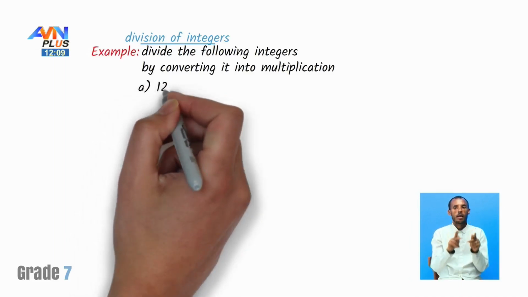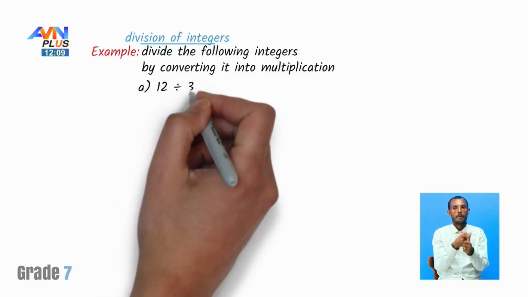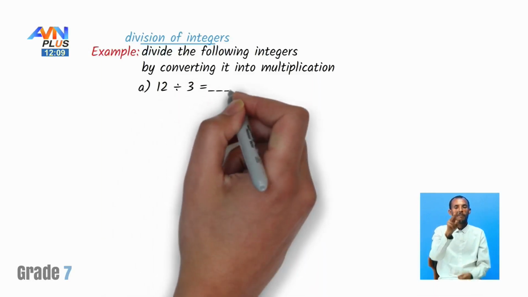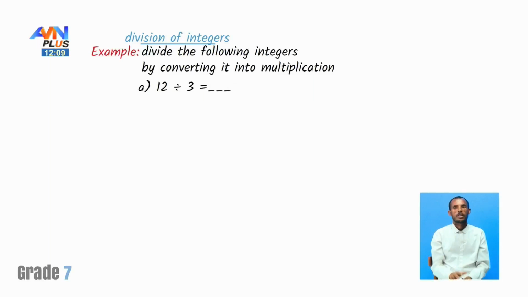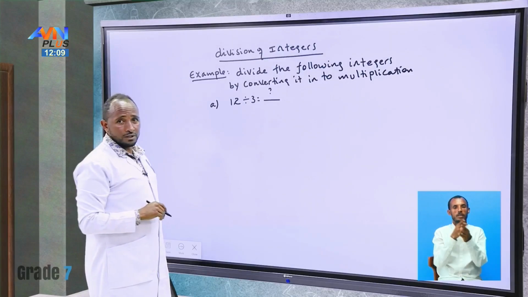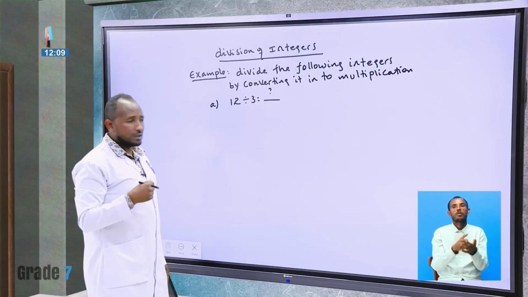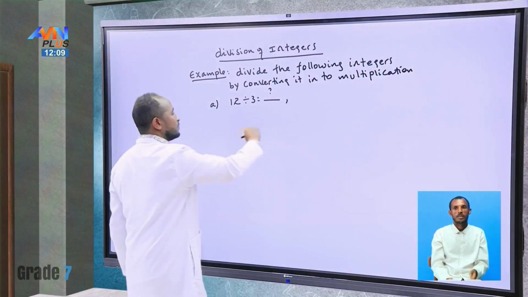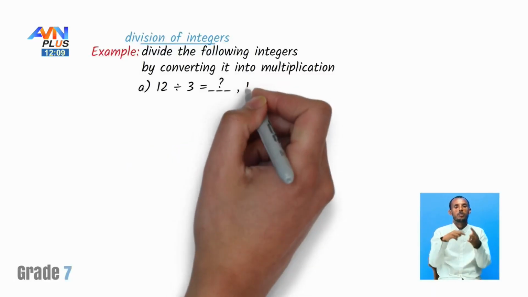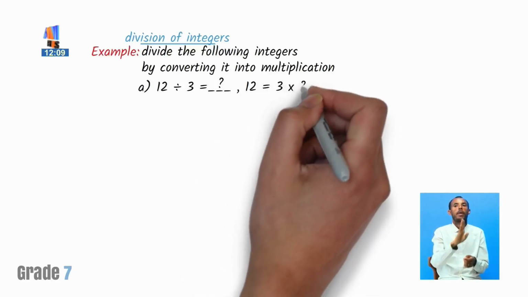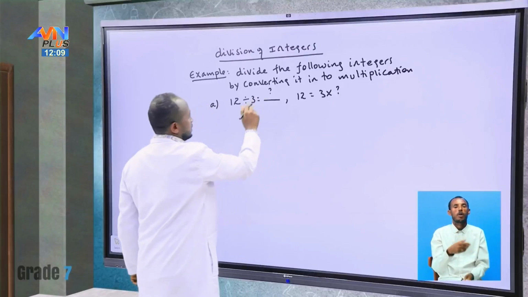Okay, now the first one, let's see this. 12 divided by 3 gives us what? So to find the answer for this by converting into multiplication, this means to get 12, 3 must be multiplied by what number?